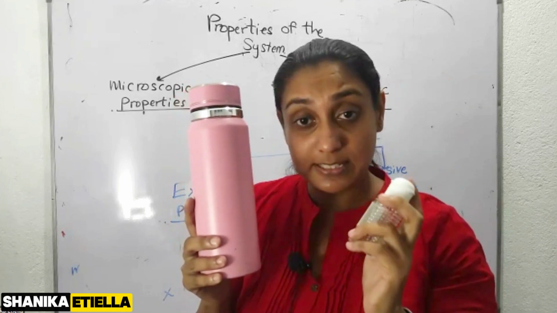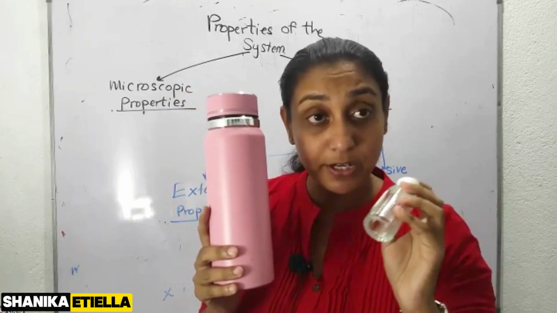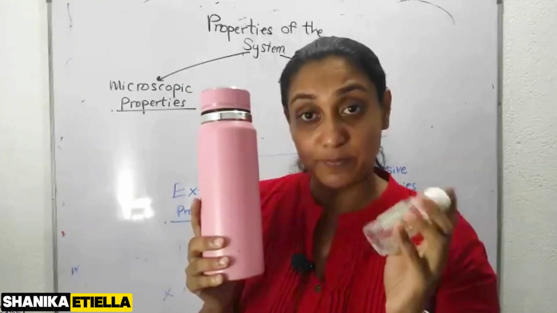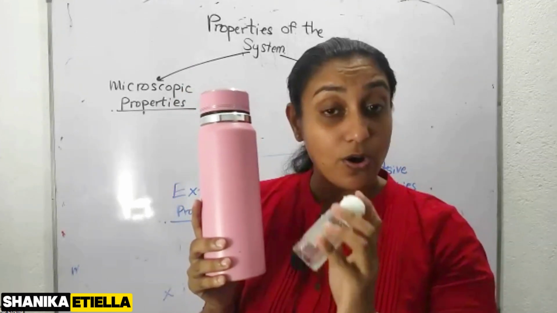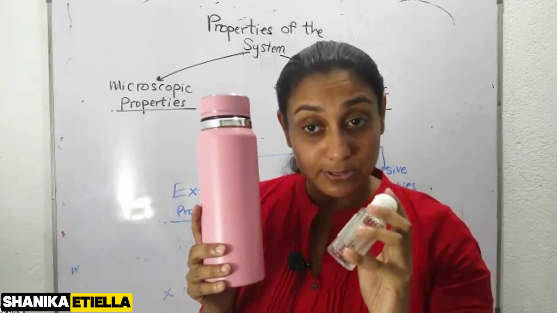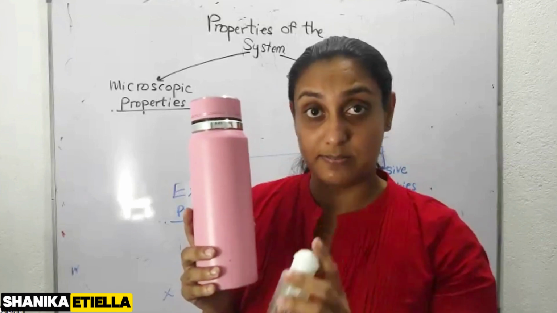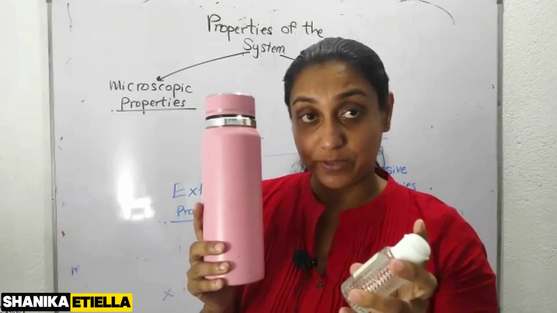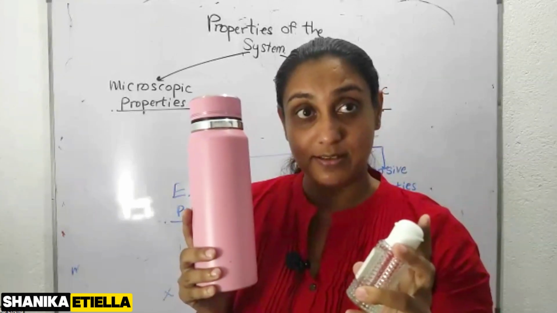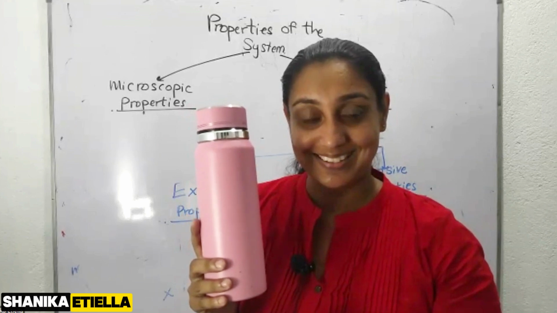Likewise, some macroscopic properties will depend on the size of the system. Such macroscopic properties, like volume, mass, number of moles, are called extensive properties.